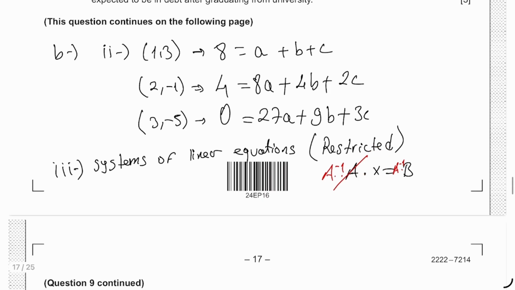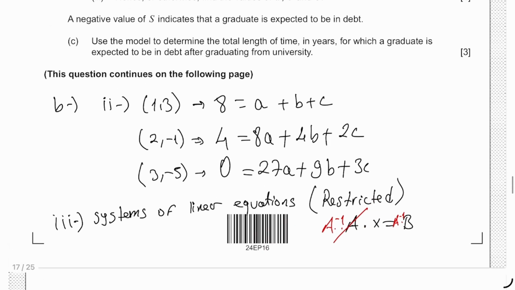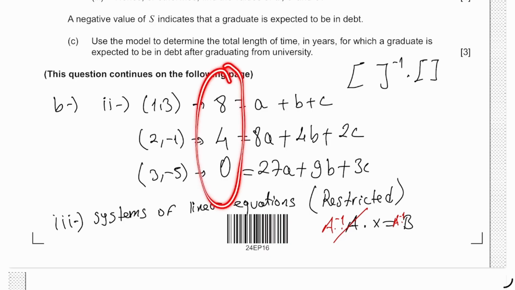So let me write our coefficient matrix. You can remember it like that. The coefficient matrix inverse times the result matrix, which is 8 4 0, will give you in order the A, B, C values.